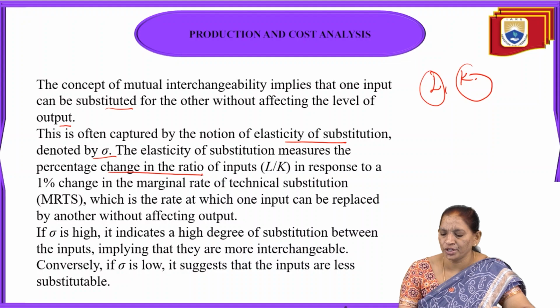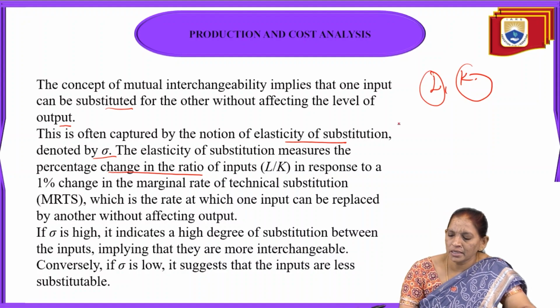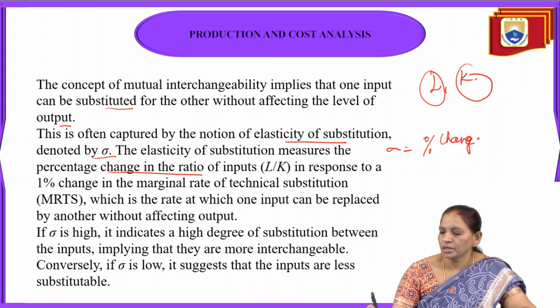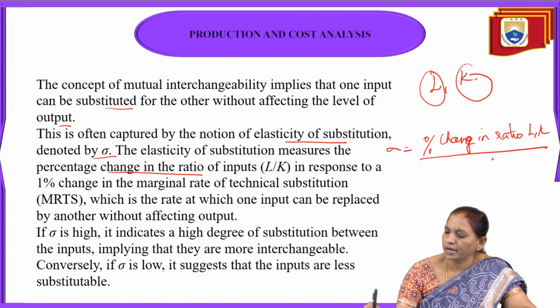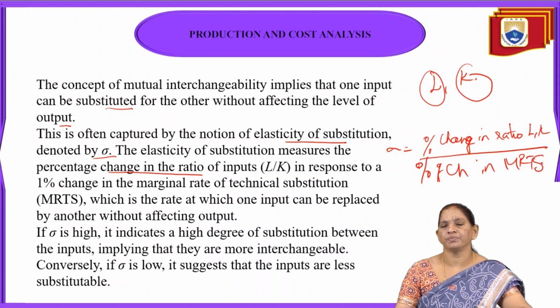So the elasticity of substitution is the percentage change in the ratio of inputs in response to, we can say, sigma equals the percentage change in the ratio of labor and capital divided by the percentage change in the marginal rate of technical substitution.